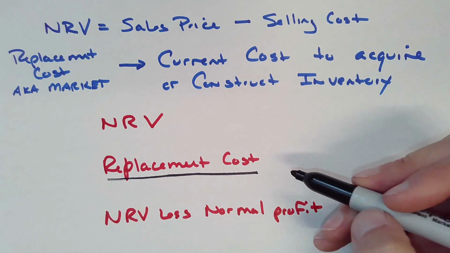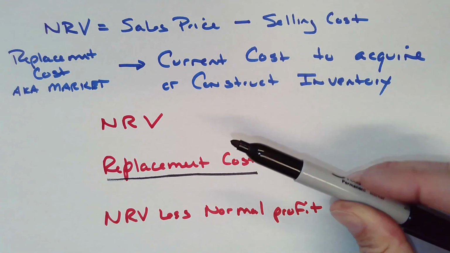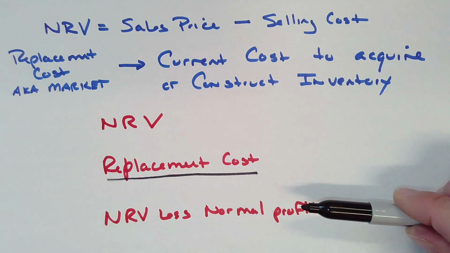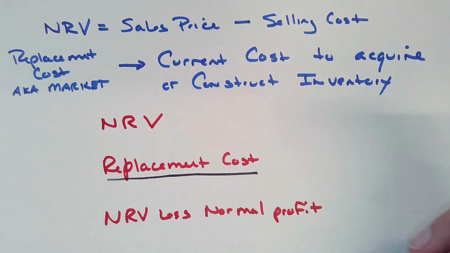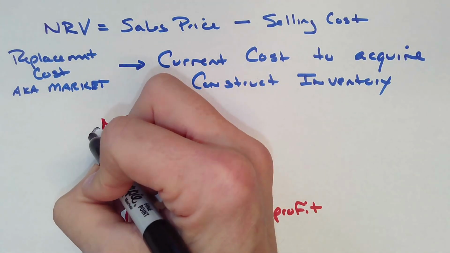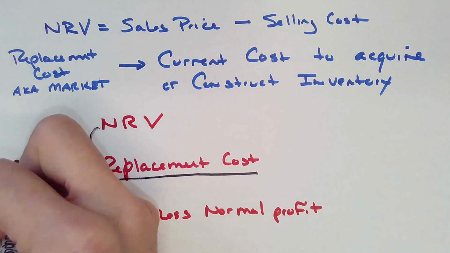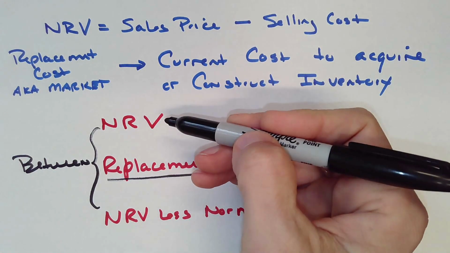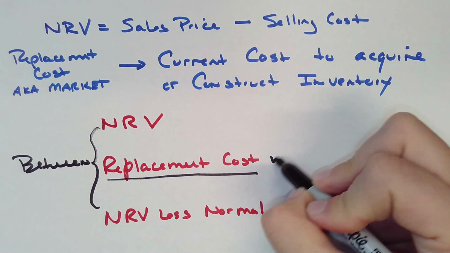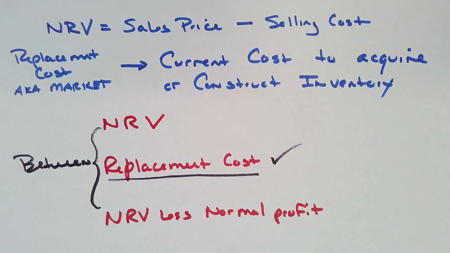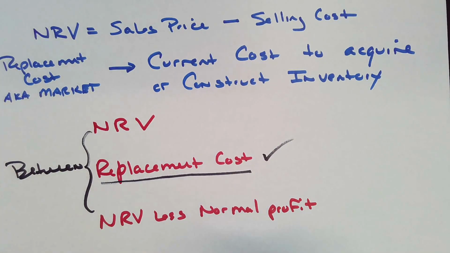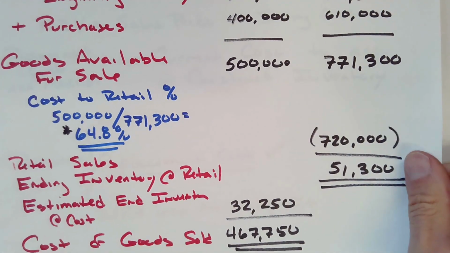So now, if the replacement cost lies somewhere between net realizable value and net realizable value less a normal profit, so if this is between the two, then we're going to use replacement cost and then compare replacement cost against the cost that I assigned when I did the retail inventory method.